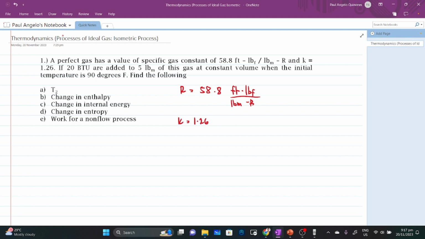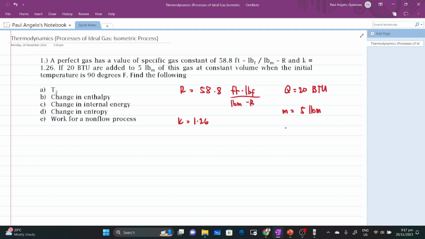Then if 20 BTU are added, take note that the 20 BTU that is added corresponds to your heat. 20 BTU added to a 5-pound mass. So we have mass, which is 5 pounds, added at a constant volume.